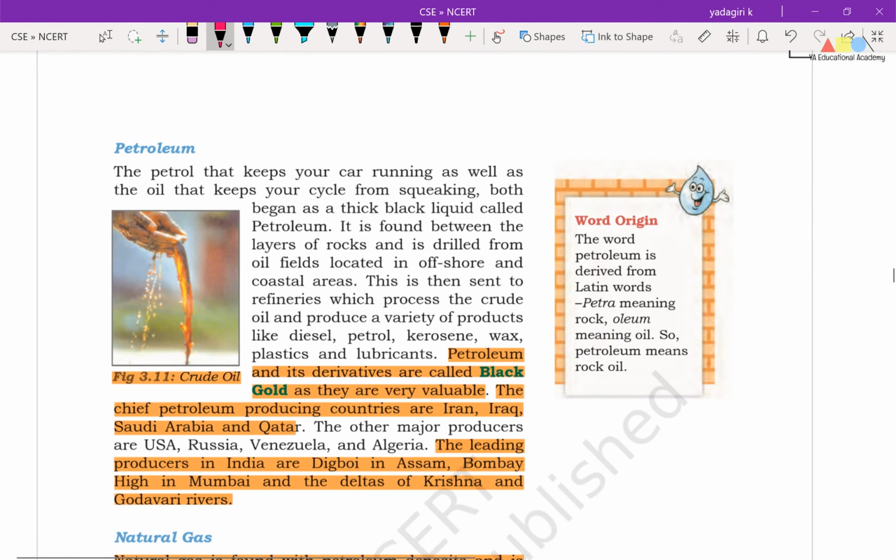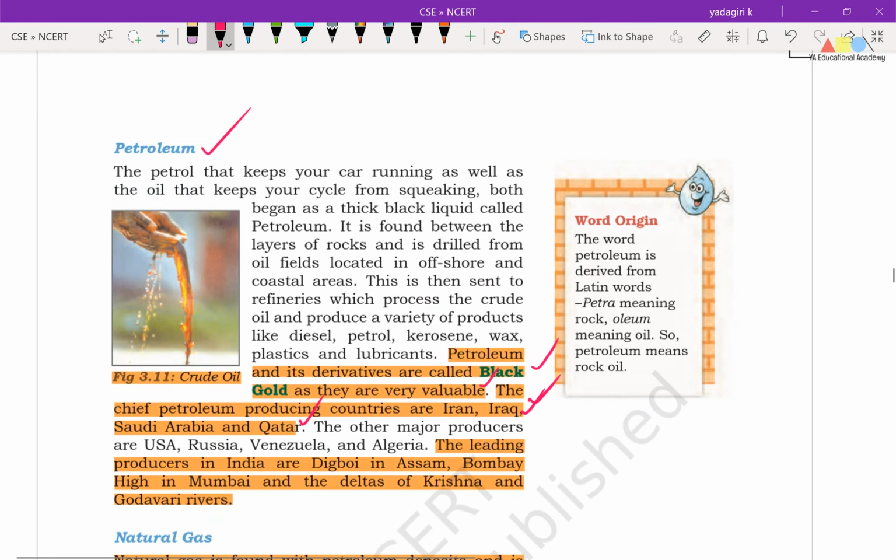Right friends, another important conventional energy resource, that is petroleum. Friends, petroleum and its derivatives are called black gold, as they are very valuable. Friends, the chief petroleum producing countries are Iran, Iraq, Saudi Arabia, and Qatar. Friends, all these countries are located in West Asia, in the Arabian Desert.